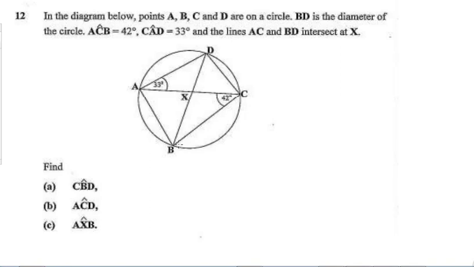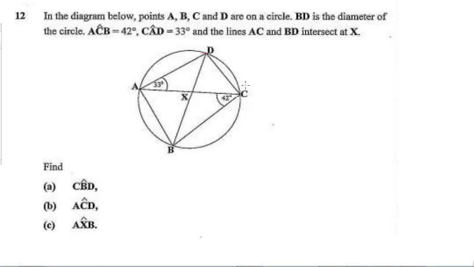So we can continue. I don't know what you prefer using, but I'm going to keep things simple and go straight to the point. We've been asked to find CBD. What is angle CBD? Just by looking, I believe you can be able to tell. Well, angle CBD is coming from the same point as angle CAD.